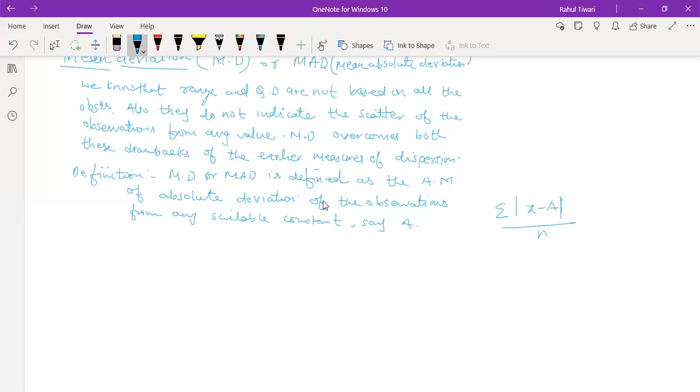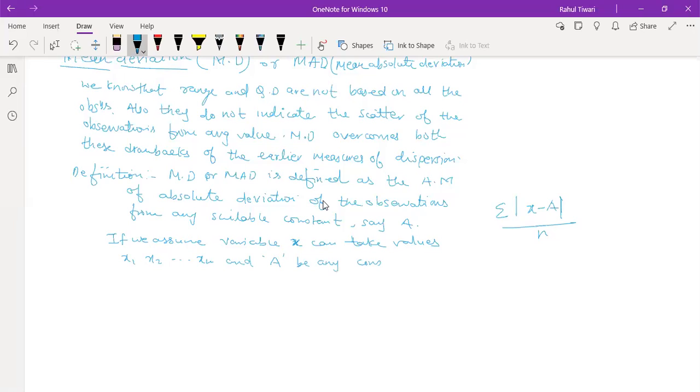So according to this, I can call the expression as follows. Assume variable x can take values x1, x2, and so on to xn, and a be any arbitrary constant value.